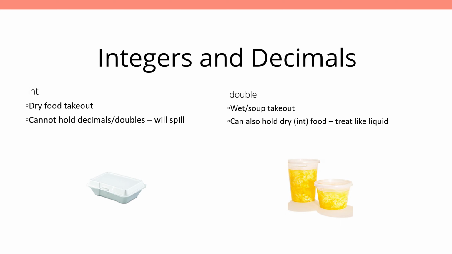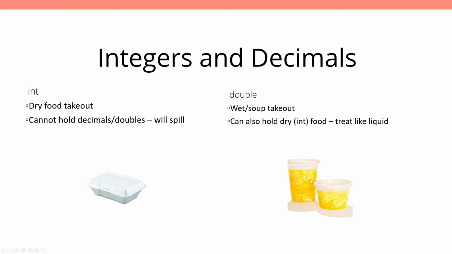Double values, however, think of it as the wet soup or the soup takeout containers, all right? These are these plastic containers right here. They can hold liquids. They can hold soup pretty well. But it can also hold dry food, right? Int food, integer values. You can put rice, you can put vegetables, you can put all that stuff in here as well.